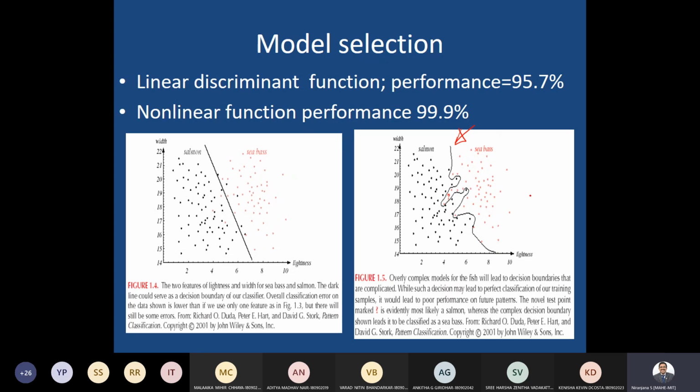Sometimes because of overfitting, it may give even poorer results than this. So this complicated decision boundary, even when you see for a testing sample, may not be fruitful. It may give a poor result still. So what is the use of going for a very complicated design here? That is an issue. Some overfitting or things like that may happen.